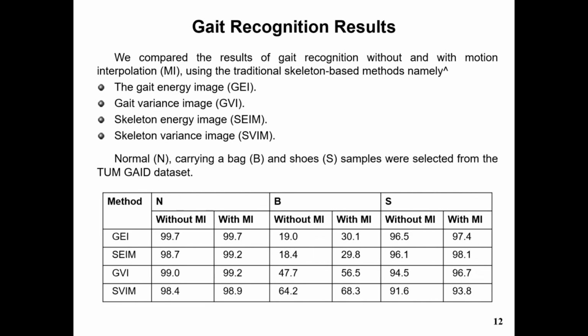The table presents the results of gait recognition. The mean values of gait recognition without motion interpolation were taken from the literature. As can be seen from the table, the best results with the proposed motion interpolation were achieved for cases with a backpack, and better results were also obtained for cases with different shoes.